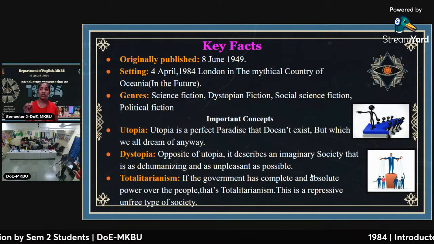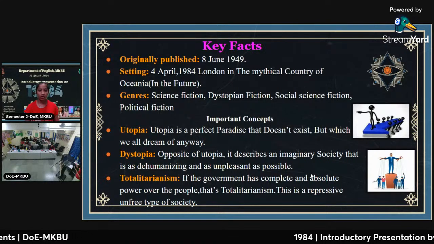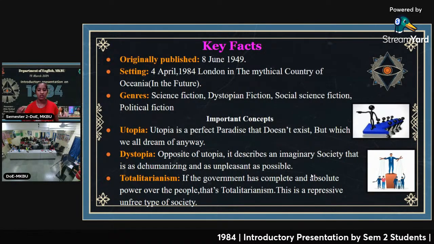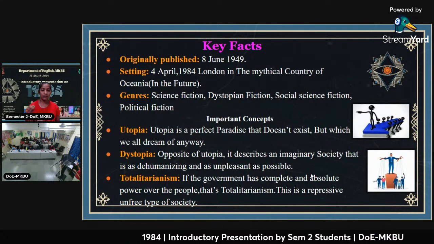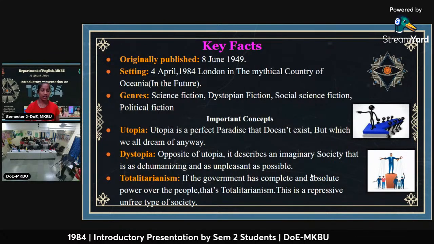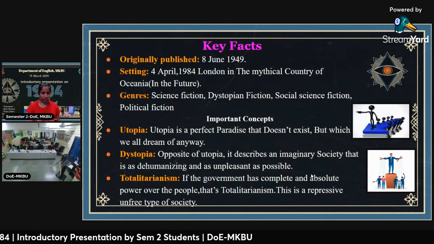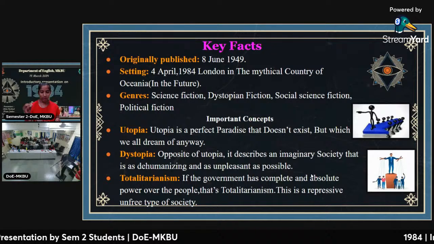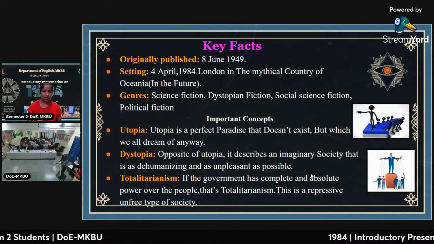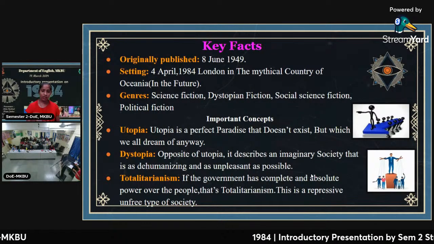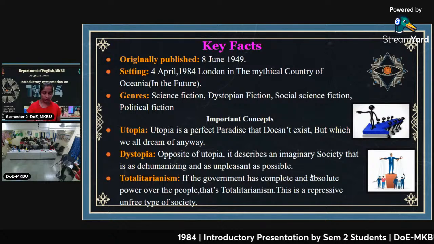Dystopia means it is the total opposite of a utopia. It describes an imaginary society, an unpleasant society, a perfect society gone wrong, and dystopia connects with the term utopia.